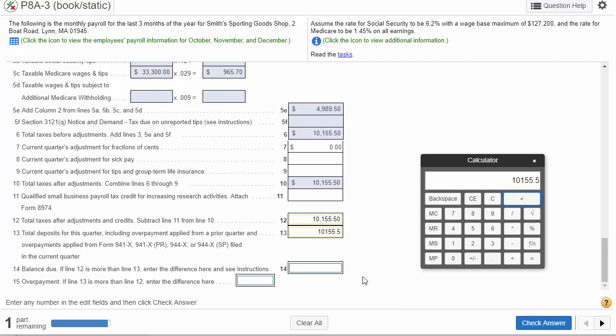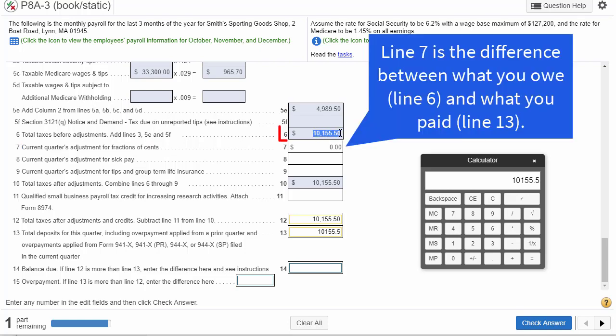Okay. So again, what line 7 is, it's the difference. Line 7 is the current quarter's adjustments for fractions of cents. So this federal form realizes that you could be off by a few pennies due to rounding. So you're just going to put the few penny difference in here. And the difference is between what you owe, line 6, and what you paid, line 13.